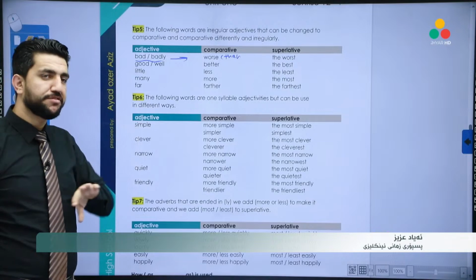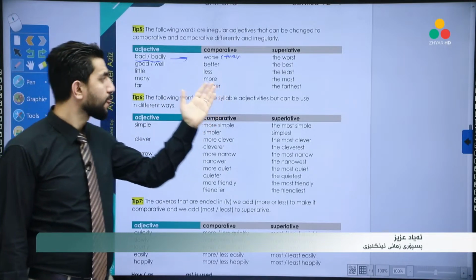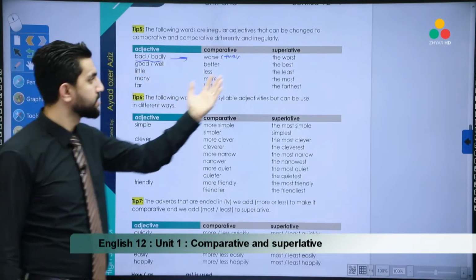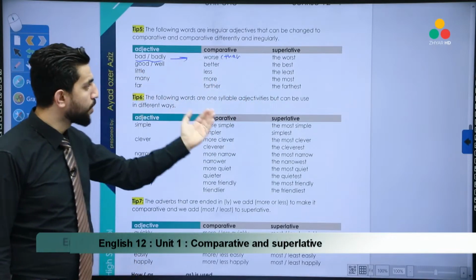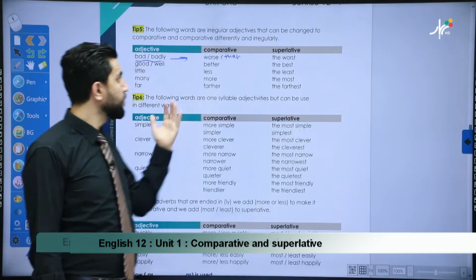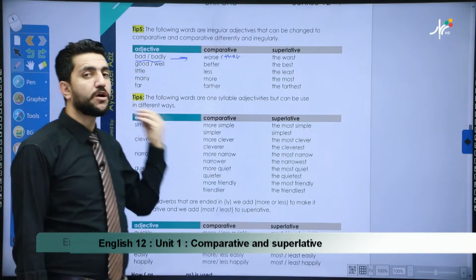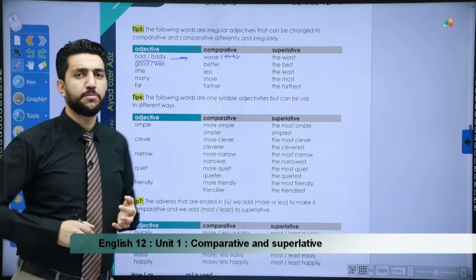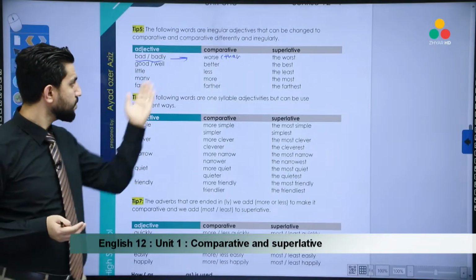Good or well, both of them would be better, better than, and then the other one would be the best. Little, less, the least; many, more, the most; far, farther, the farthest. Okay, we use it this way. These are irregular ones, okay? So you need to memorize them, and please take notes for this one.